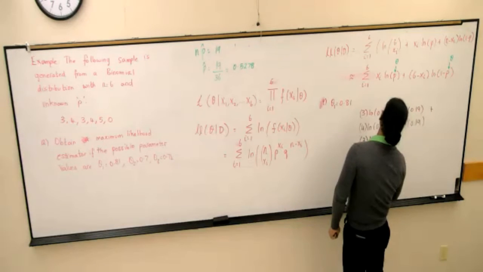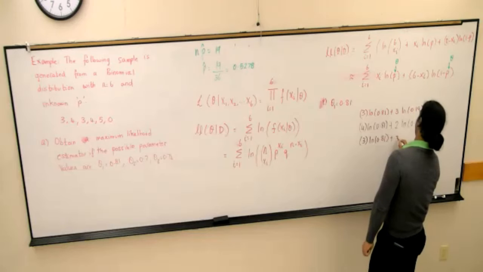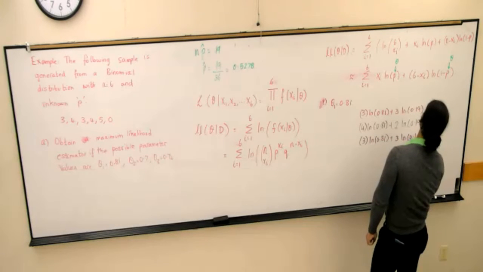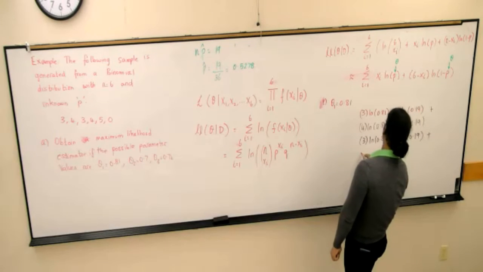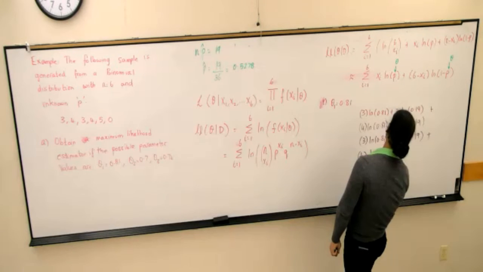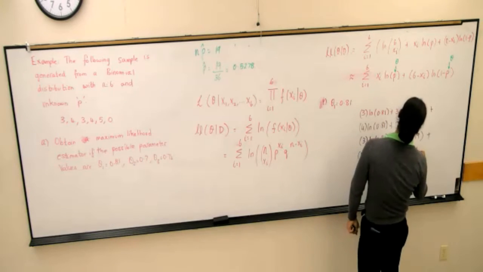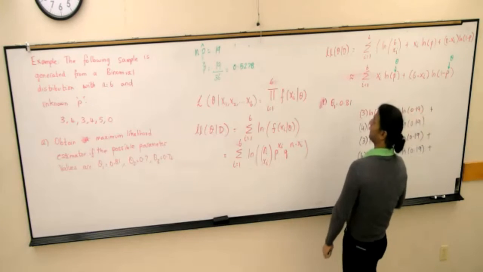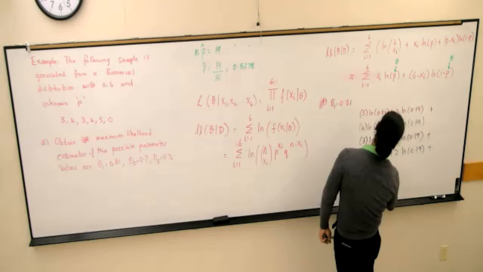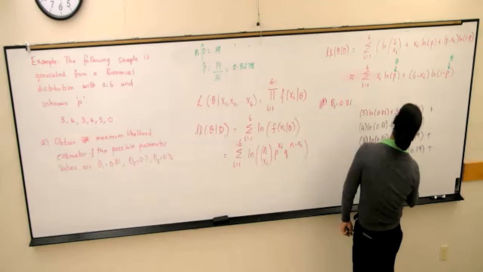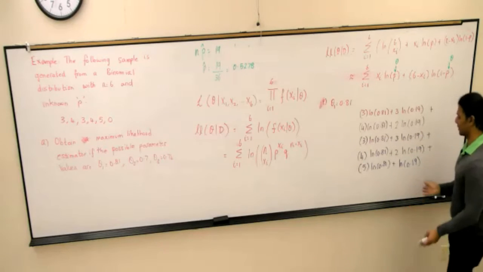Then plus 5 ln of 0.81 plus 1 ln of 0.19. And the last term, of course, is 0.